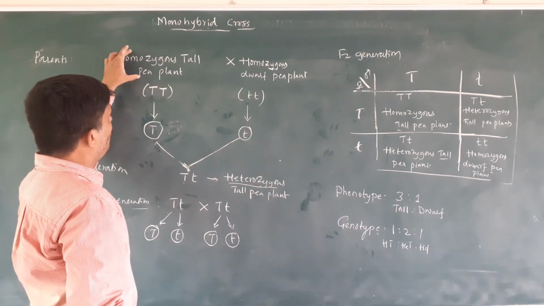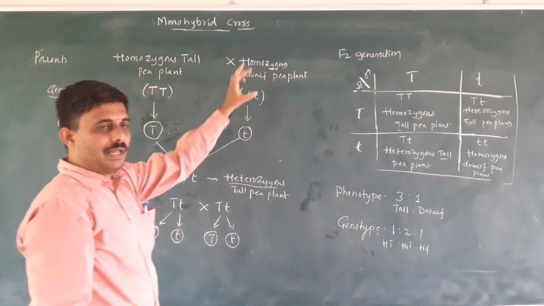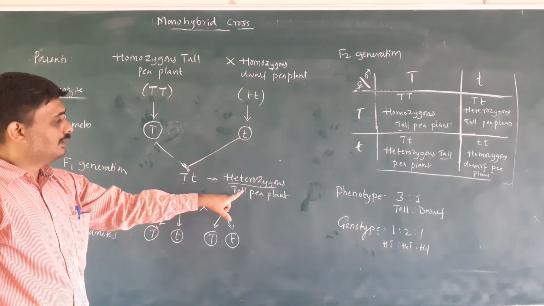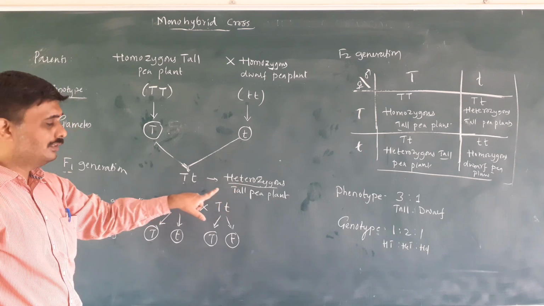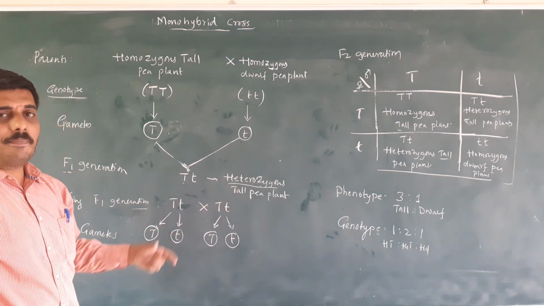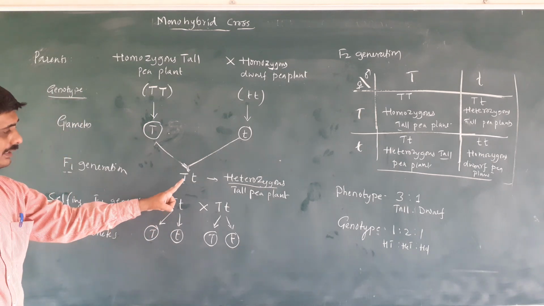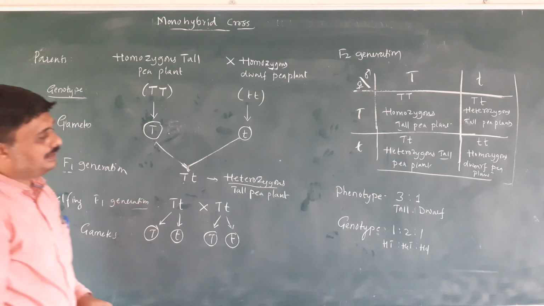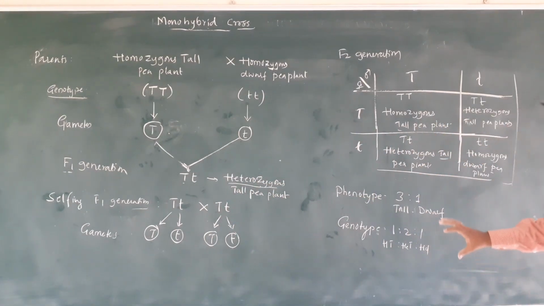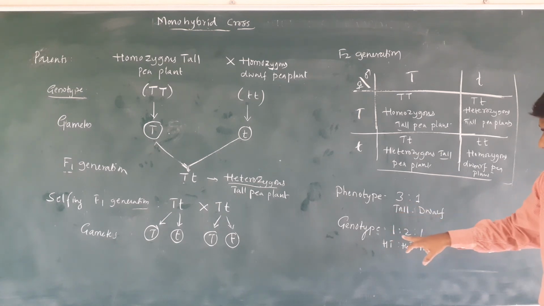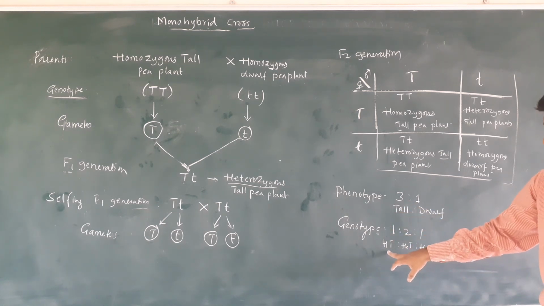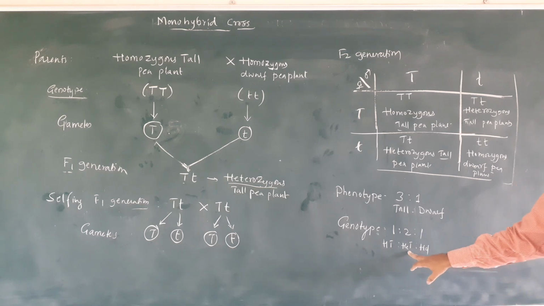When he crossed the homozygous tall plant with the dwarf plant, he got all heterozygous tall pea plants in the F1 generation, and he started selfing the F1 generation. In the F2 generation, he got 3:1, three tall plants and one dwarf plant, and 1:2:1 is the genotypic ratio: one homozygous tall plant, two heterozygous tall plants, and one homozygous dwarf plant.